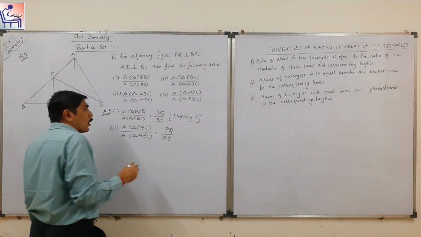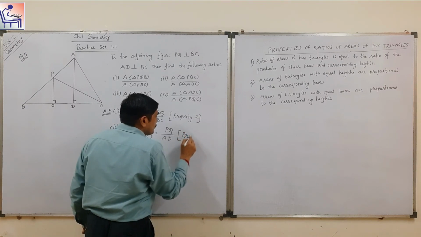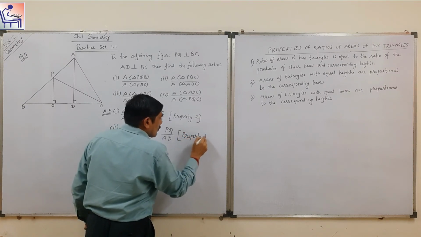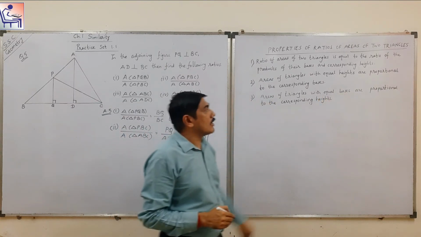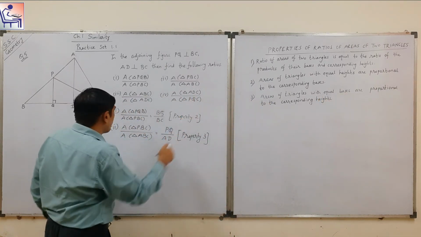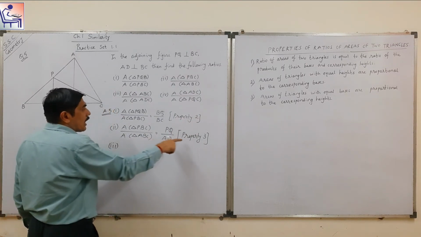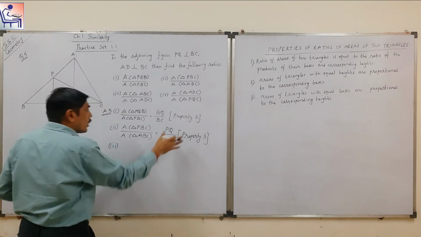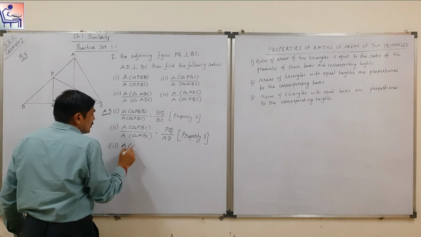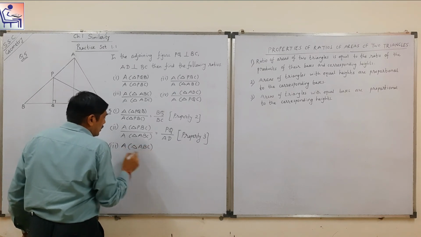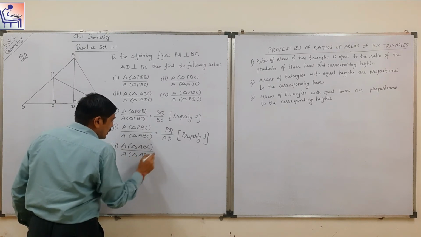So PQ upon AD, I will write property 3. As there are equal bases, so it depends upon their heights. You have to write it completely. Students may write here, please completely you have to write all the properties. Now, third question, area of triangle ABC upon area of triangle ADC.